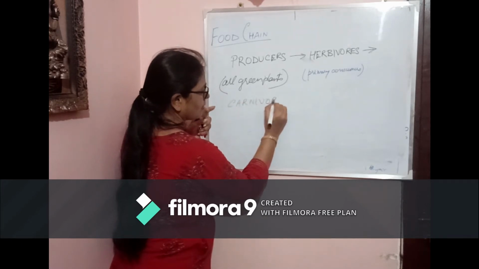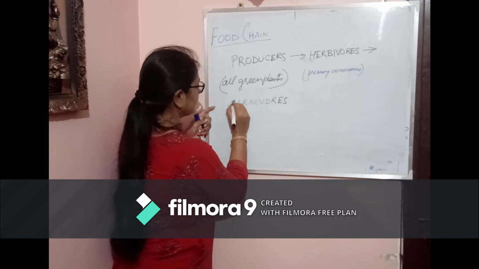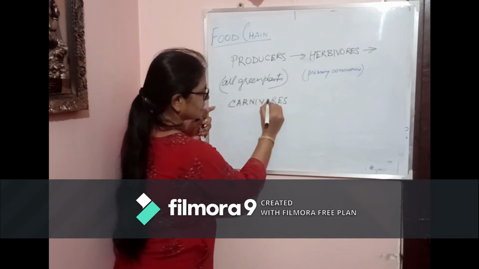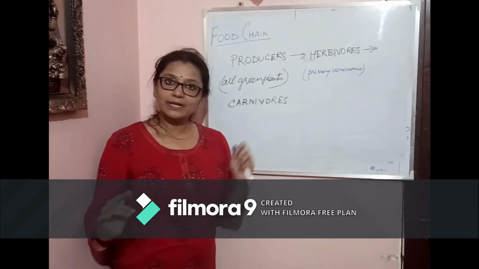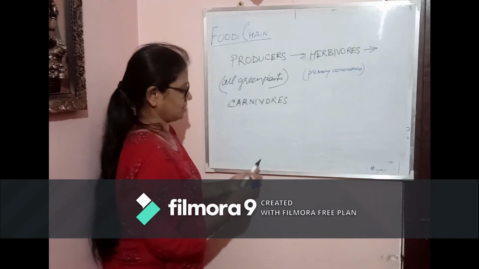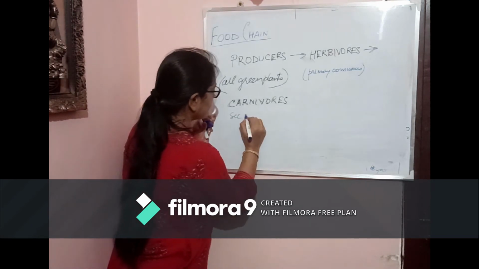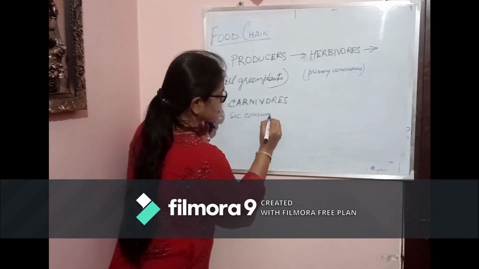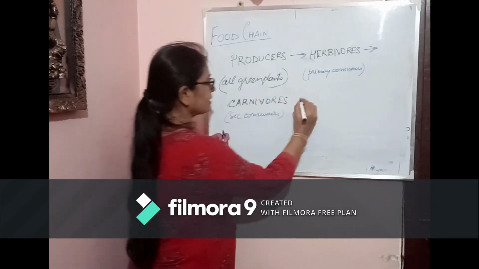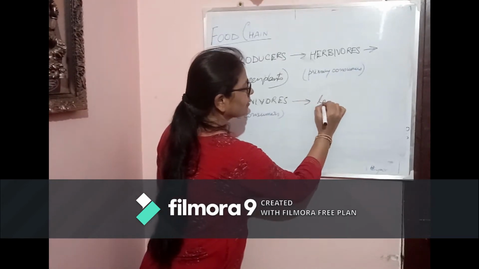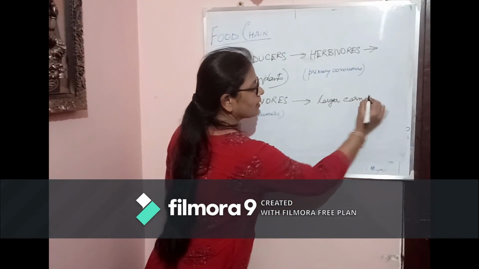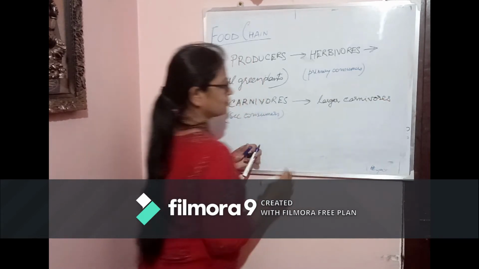Now sometimes the ink may be a little bit lighter, so you listen to my lecture, it will be understandable to you. Carnivores are the secondary consumers. And finally, these secondary consumers are again consumed by larger carnivores.